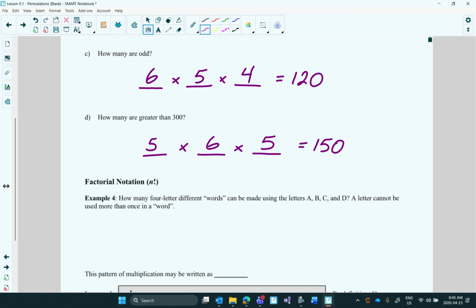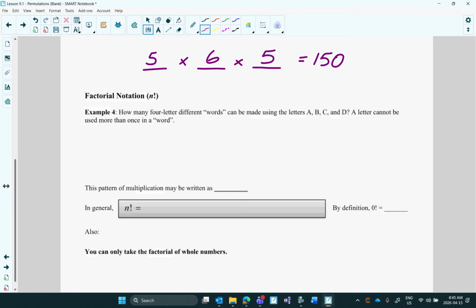Depending on the question, we can use a certain type of notation to make things a little easier on us. So for example, how many 4-letter different words can be made using the letters A, B, C, D? And I put words in quotation because ABCD is a word, even though it doesn't make sense, it's an actual word.